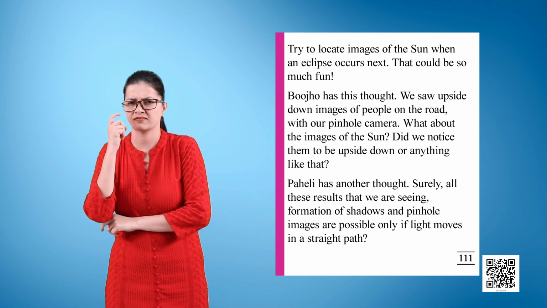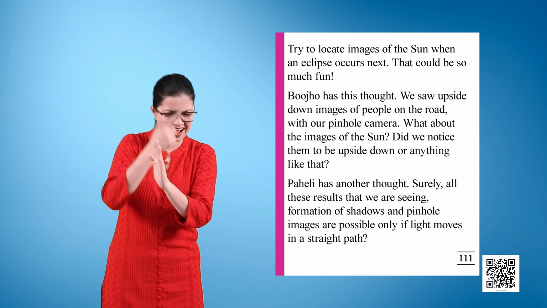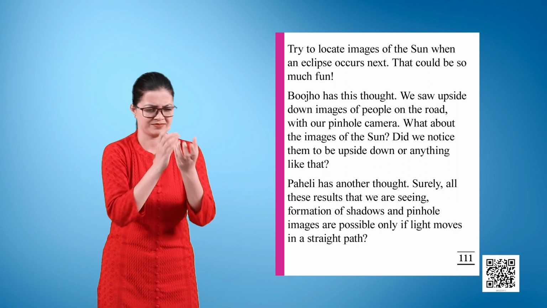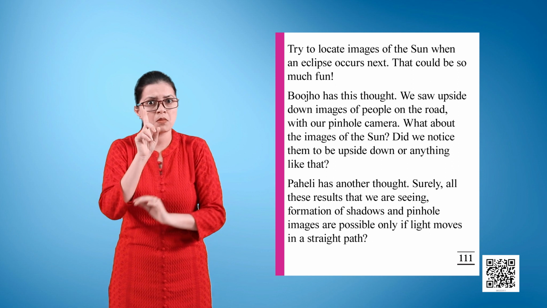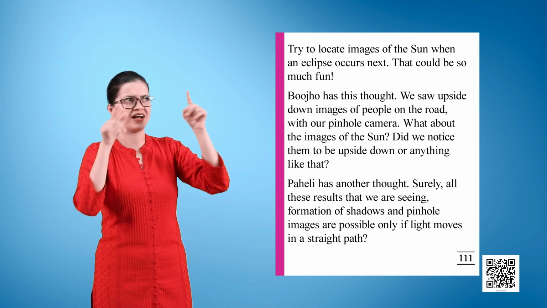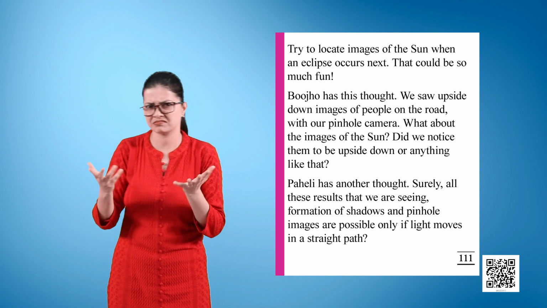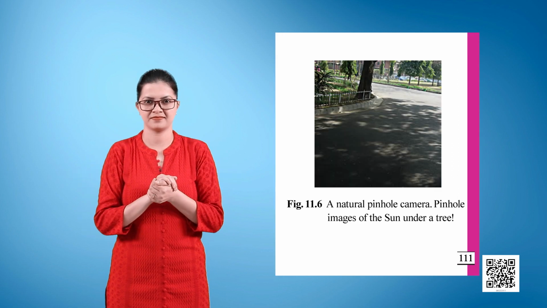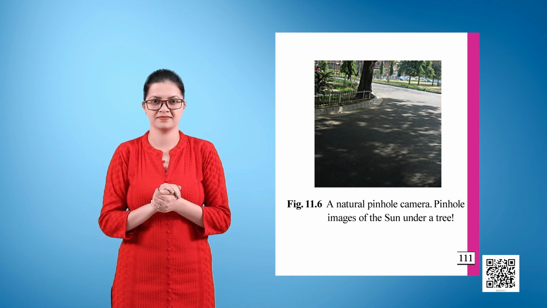Surely all these results that we are seeing, formation of shadows and pinhole images, are possible only if light moves in a straight path. Figure 11.6 shows a natural pinhole camera.